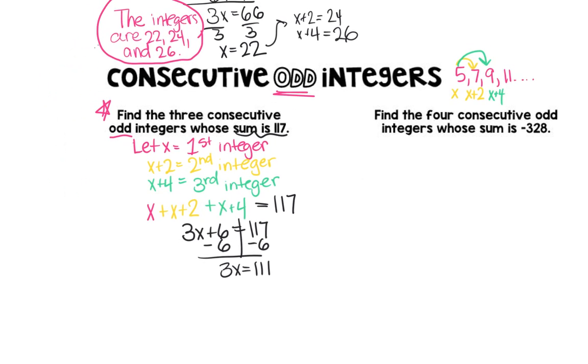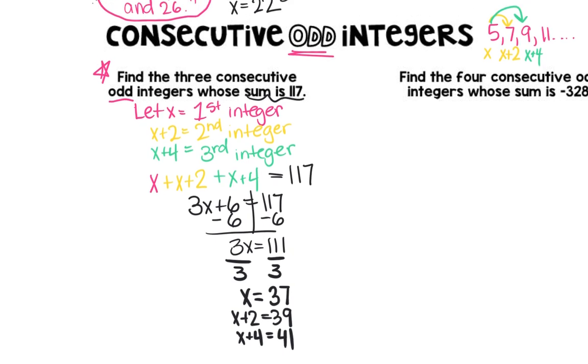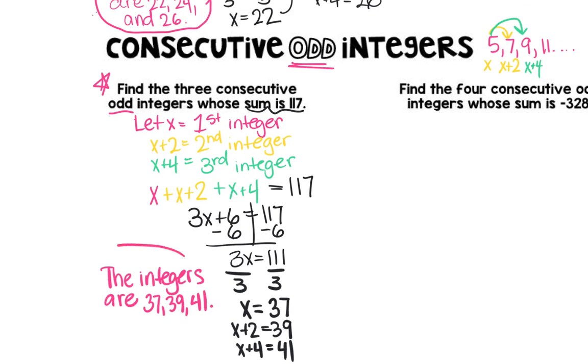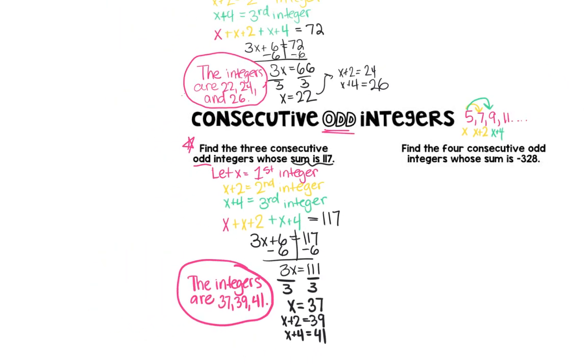When I divide by 3 on both sides, that's going to give me x is equal to 37. Now to find the next two integers, x plus 2 is 39, and x plus 4 is 41. For my sentence, the integers are 37, 39, and 41.